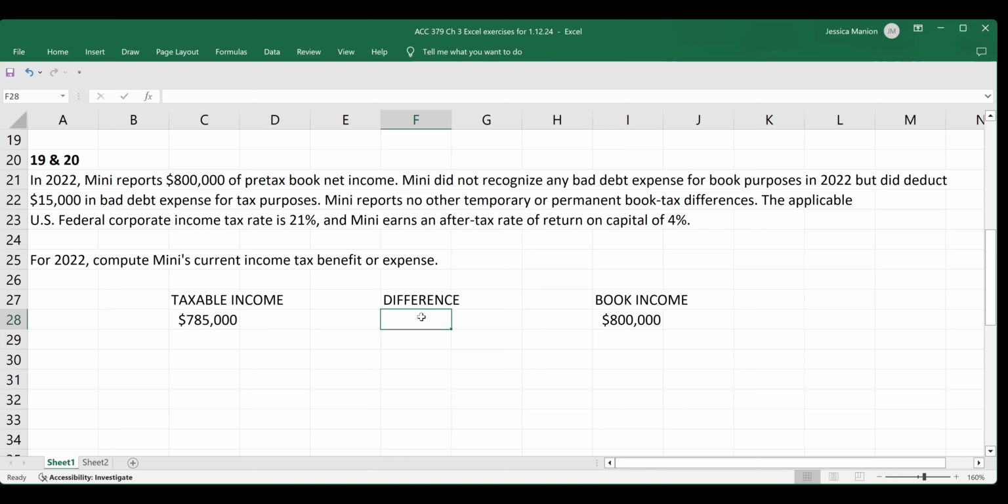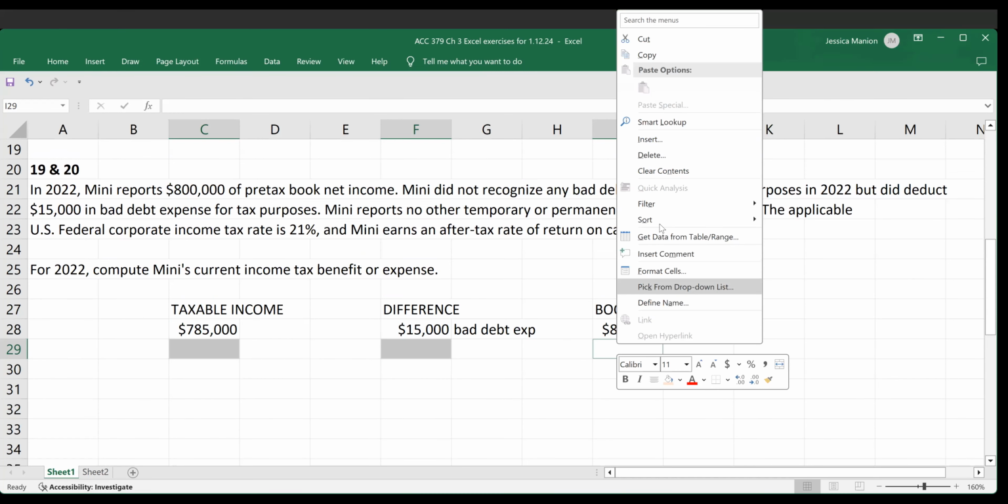And this is a difference of 15,000, that bad debt expense. It says Mini reports no other temporary or permanent book tax differences, and then the applicable rate is 21%. Just like we saw in our previous examples, we're using that 21%.